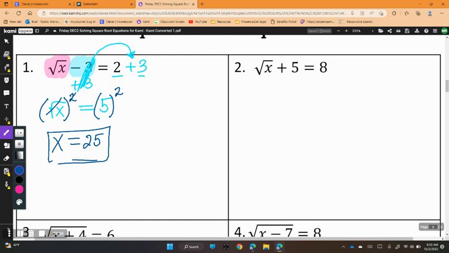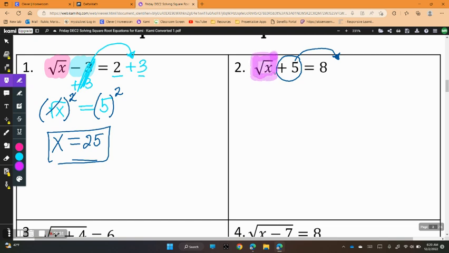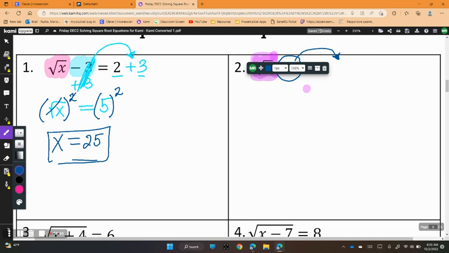Let's take a look over here. Got to bring this 5 to the other side of the equation in order to isolate my square root symbol. So remember, before we can do anything with the square root or the radical, we have to bring all the other numbers that are hanging out outside to the other side.